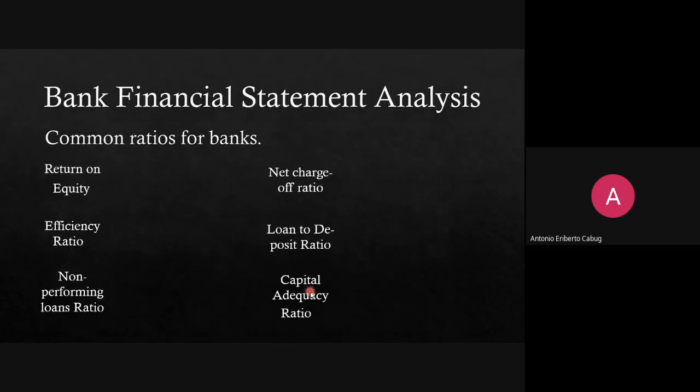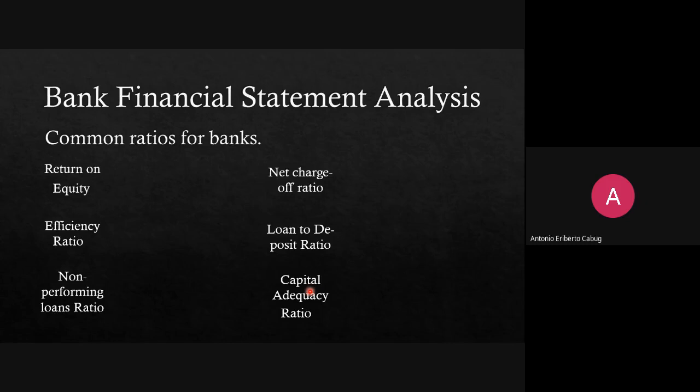When we say banks, the main reason why banks exist is number one, take in deposits. Number two, lend the money to borrowers. Take deposits from those people who have excess funds and then become a lender, loan the money to those who need funds. The banks act as a middleman between the lender and the borrower. Okay?